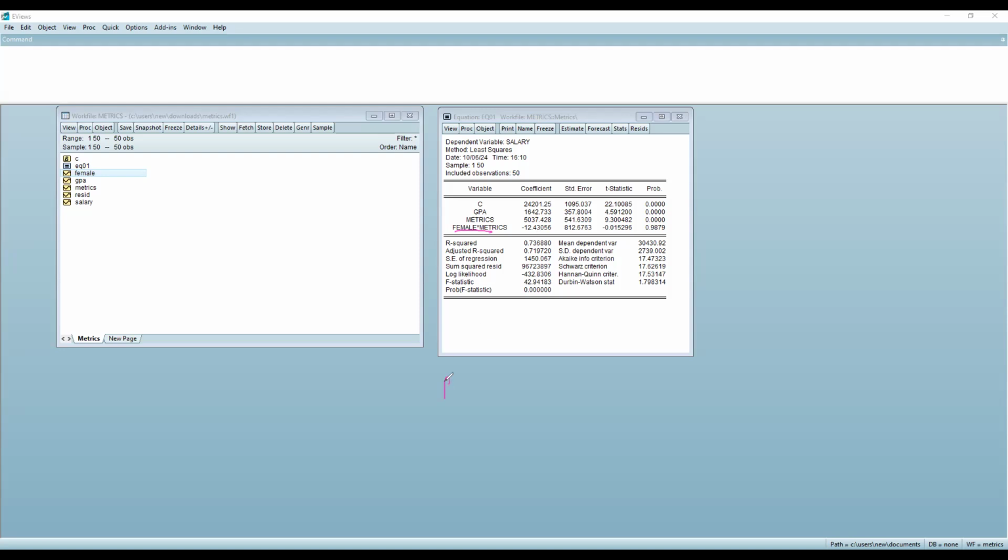So beta 4 hat equals minus 12, but 0.1 indicates that it is insignificant. It's difficult to write down, but what is insignificant?